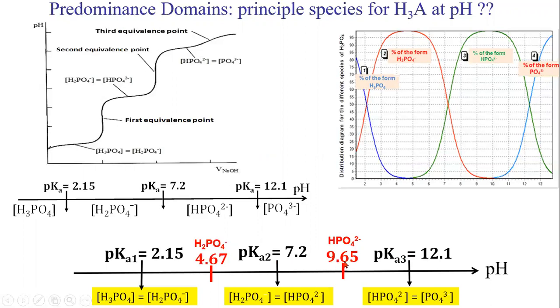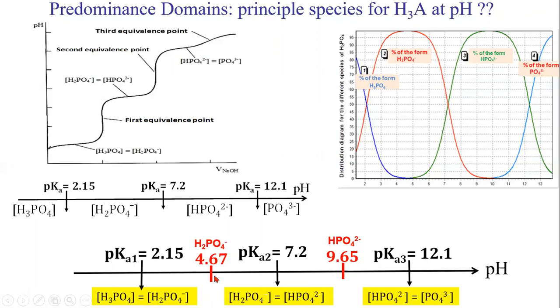Okay, so that's going to be 9.65. So these are numbers or pHs which you can get right away without much calculation taking place. And you could also immediately say, okay, so if I'm here, this is the area where I only have H2PO4 minus.